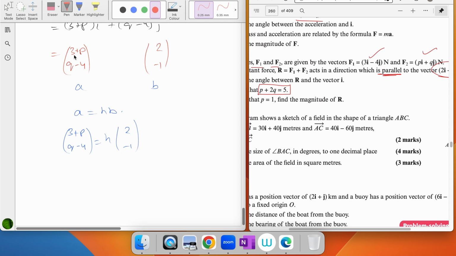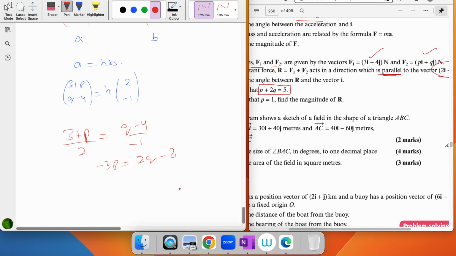Easier would be that 3 plus p divided by 2 is equal to q minus 4 divided by minus 1. So we just cross multiply, minus 3 minus p is equal to 2q minus 8, and then rearranging, bringing q also on this side, minus p minus 2q is equal to 3 minus 8.